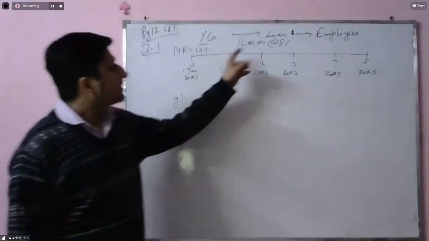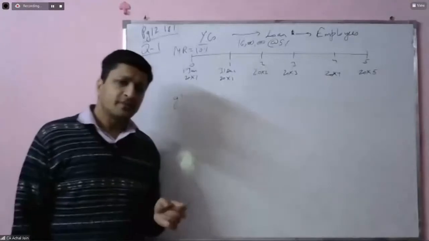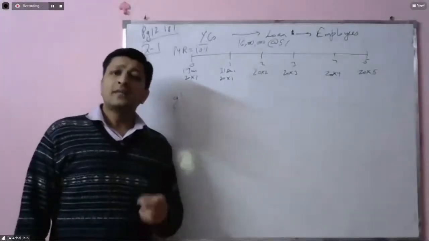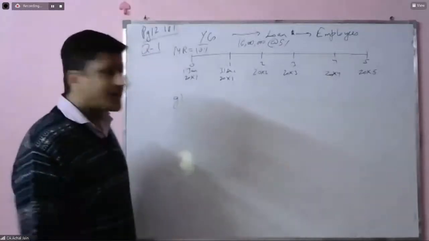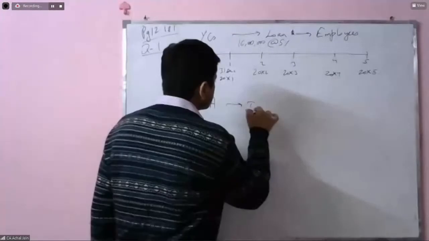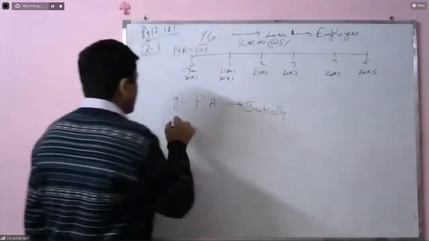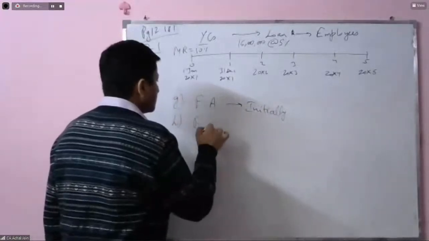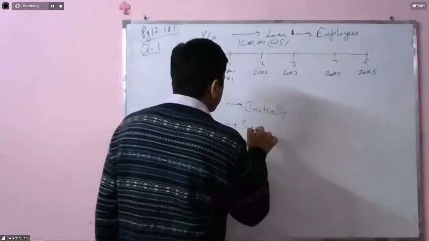Now, considering the numbers which are available and the fact pattern which is given in the question, can you tell me how will this financial asset be measured initially? And H, how will this financial asset be measured subsequently?